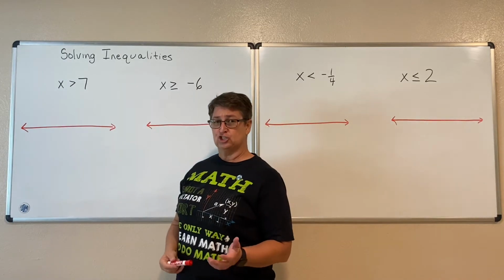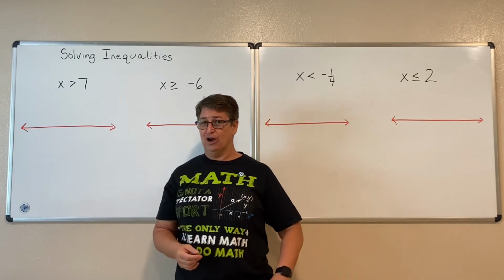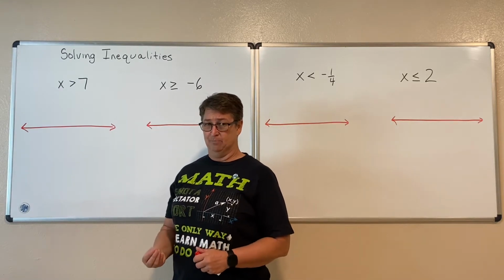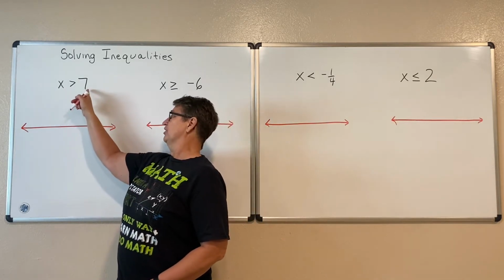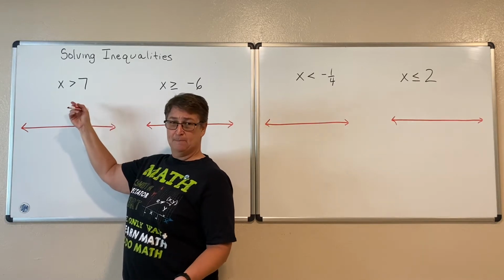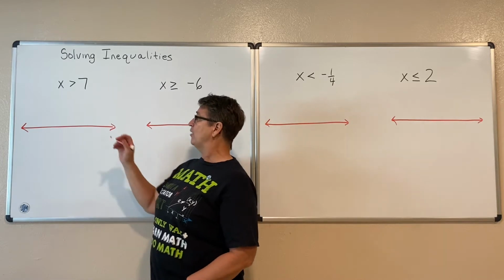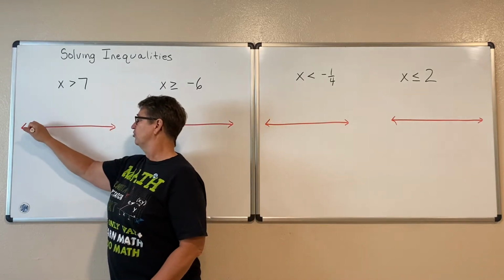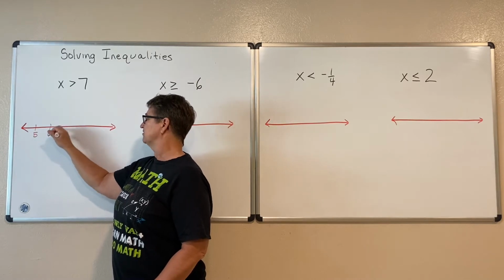So we're going to show on a number line all the different values that x could be. We're going to put all those different values on here: 7 1/4, 9, 25, 1,000,000. And the way we're going to do that is, we've got a number line counting along there: 5, 6.